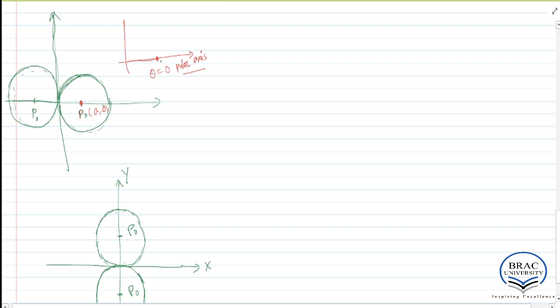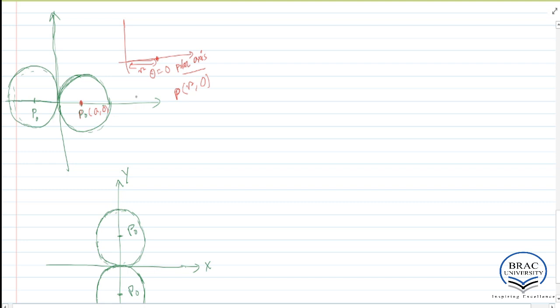We only have the radial coordinate, so any point P on this polar axis will have coordinates r comma 0. So this point has coordinates a comma 0.